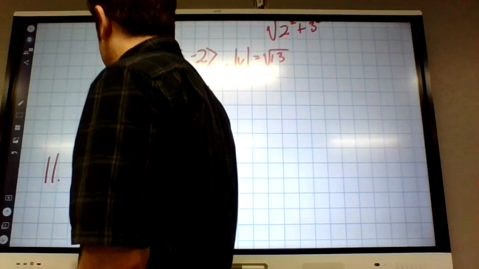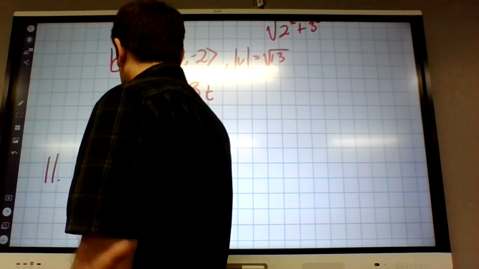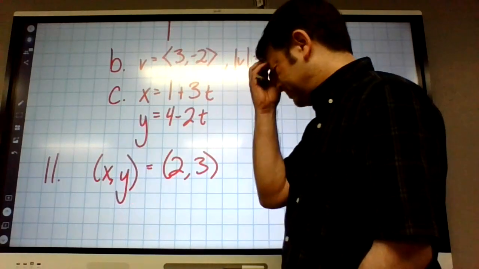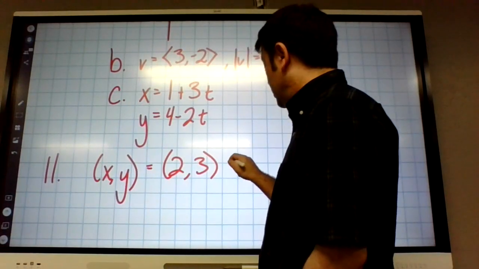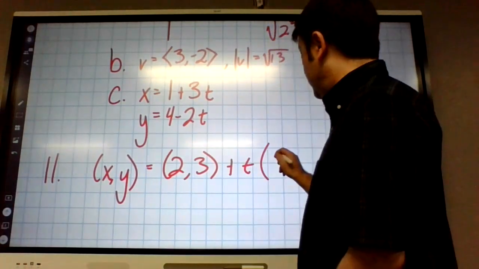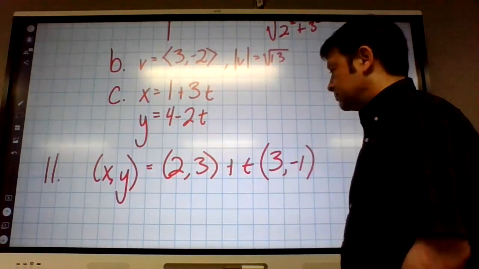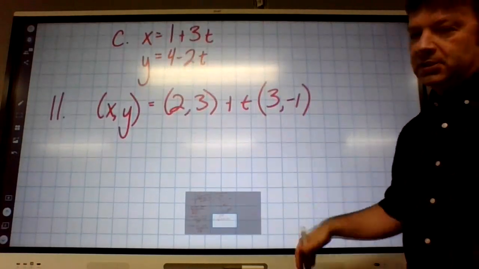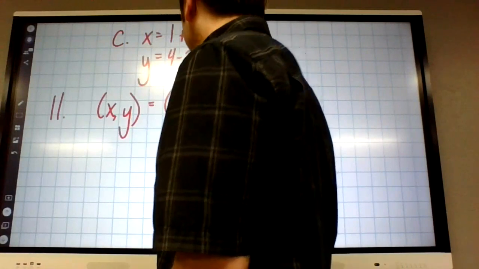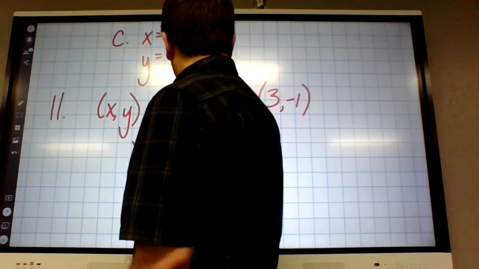So we're starting at 2, 3, and the velocity is 3, -1. Easy peasy. It asks for the parametric too, of course.